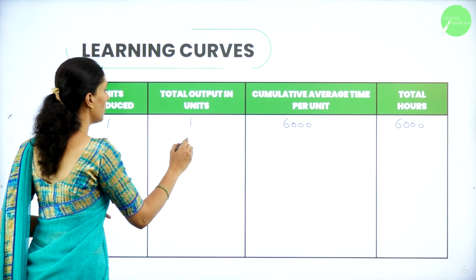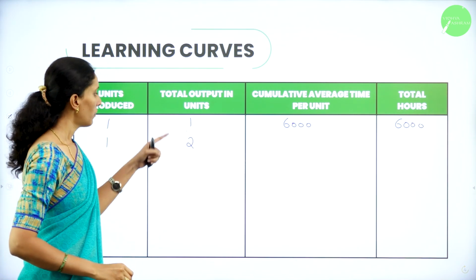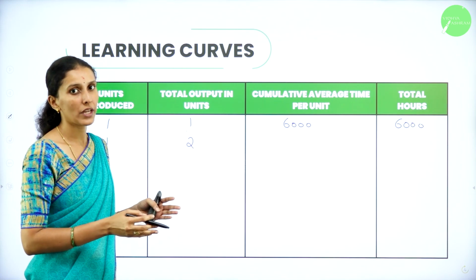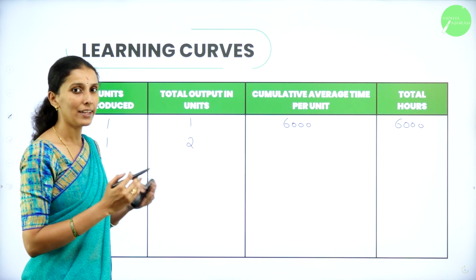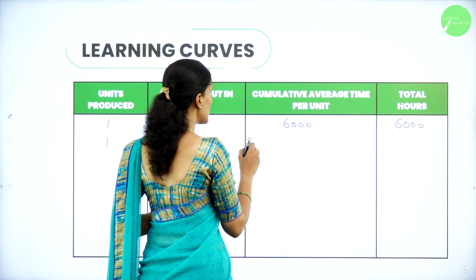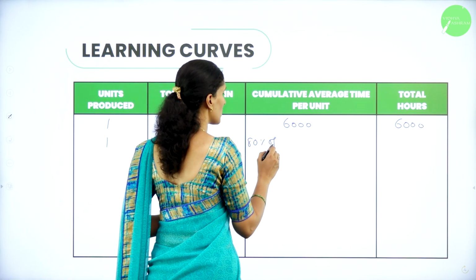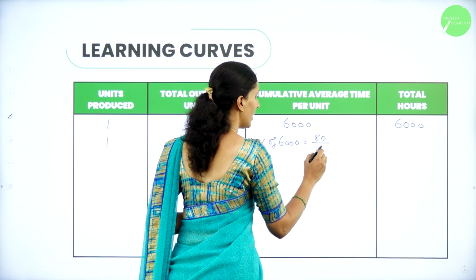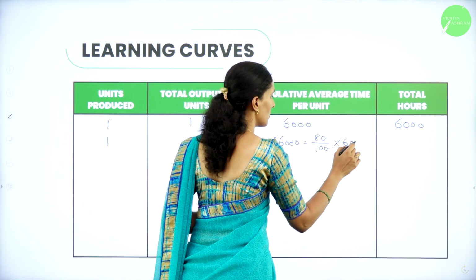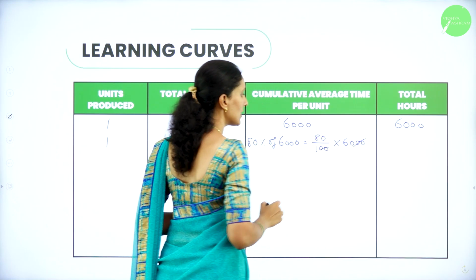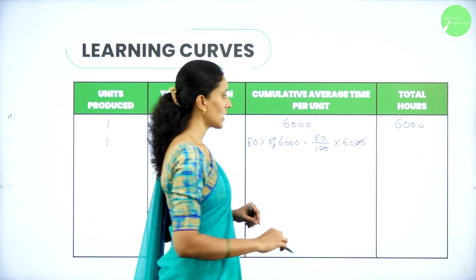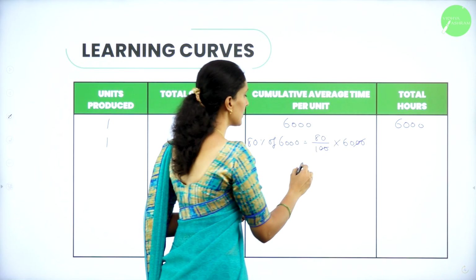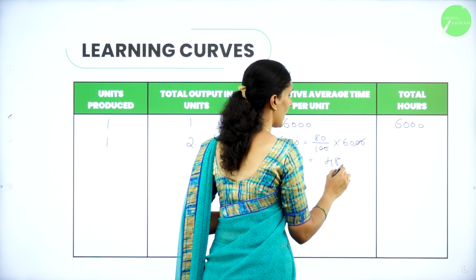So 1 plus 1, 2 units now. For 2 units, learning effect is given. Since they have already learned how to produce an engine, their learning effect is 80% now. So therefore, it is 80% of 6,000. That is 80 by 100 into 6,000. You can cancel. So 80 into 60, it is equal to 4,800.